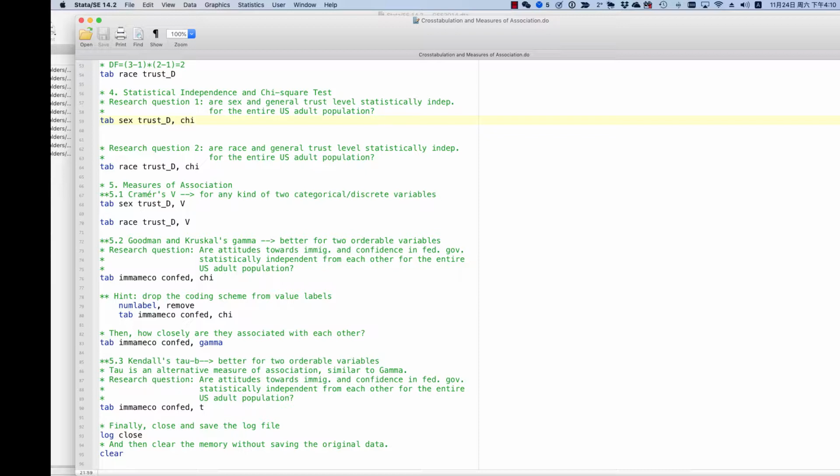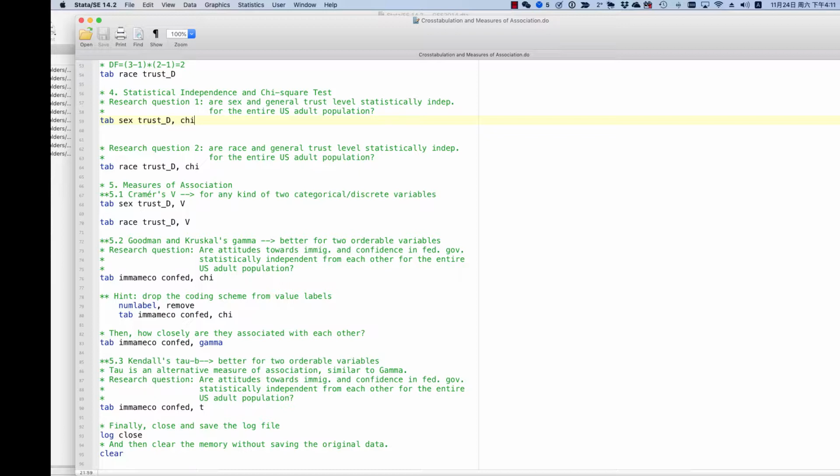In the previous video clip, we demonstrated how to use Stata to draw a cross-tabulation of two discrete variables. We talked about how to understand the frequencies in the cell and the marginal frequencies, row margins, as well as column margins.